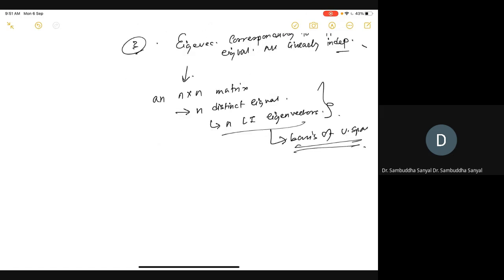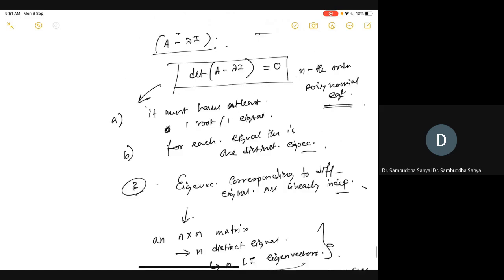Now, the prescription to find that, as I told you, is called the characteristic or secular equation, that you also perhaps have seen. You have to solve this polynomial equation to find the eigenvalues and all that. Are you familiar with these things?